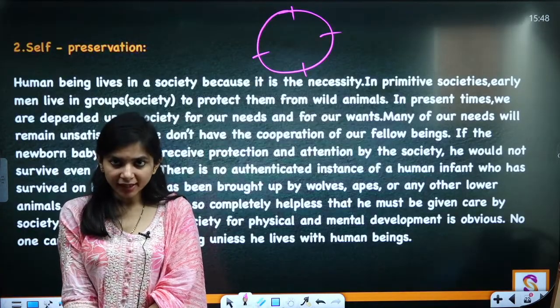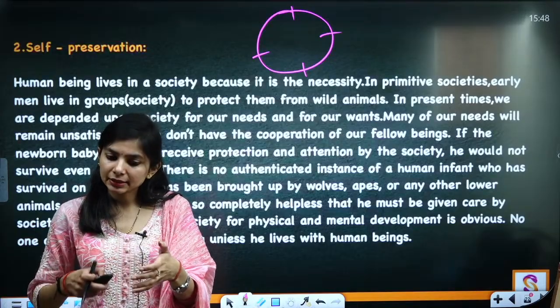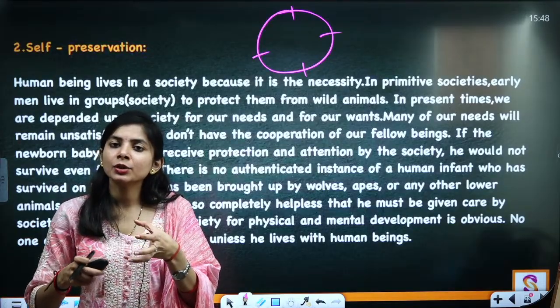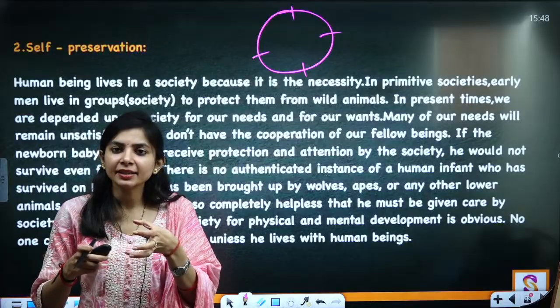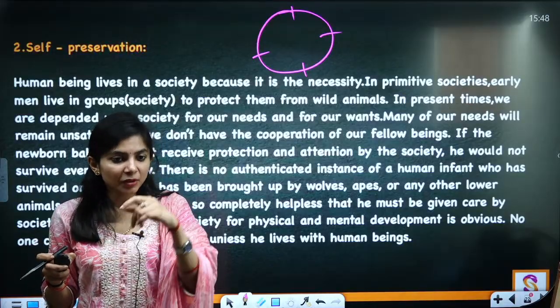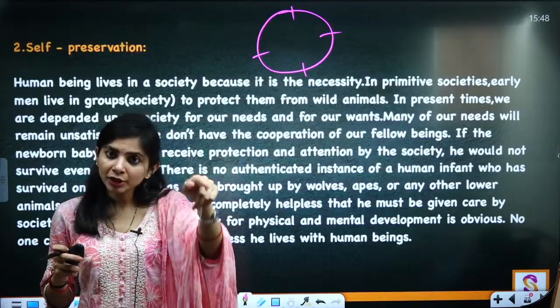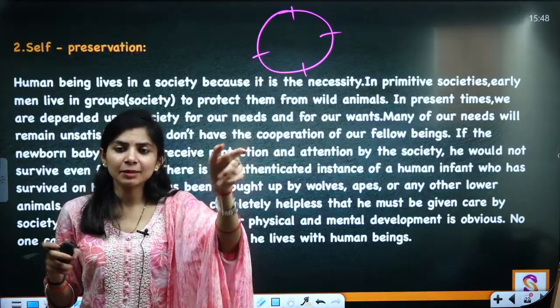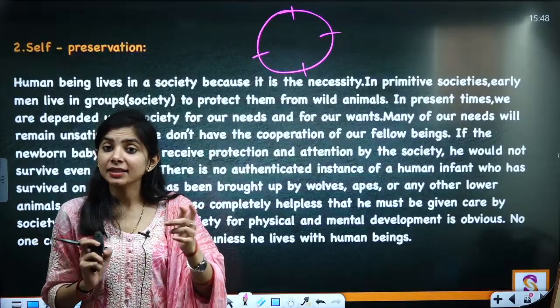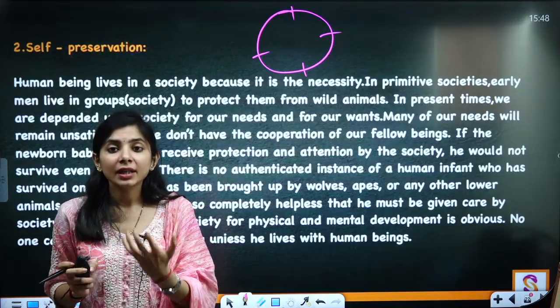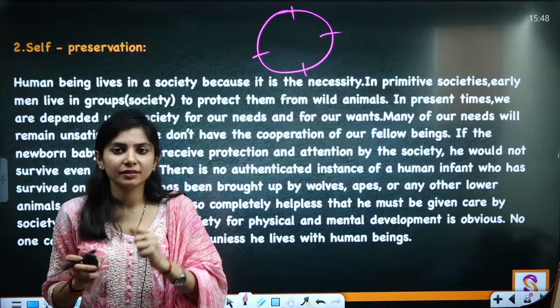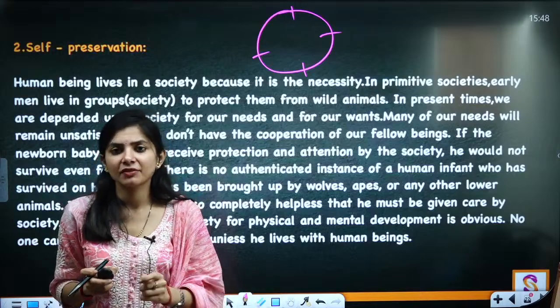So what he did, he entered into an agreement, a contract with another person: while I sleep, you guard, and while you sleep, I will guard. That is reciprocal behavior. It is the result of the need for self-preservation.